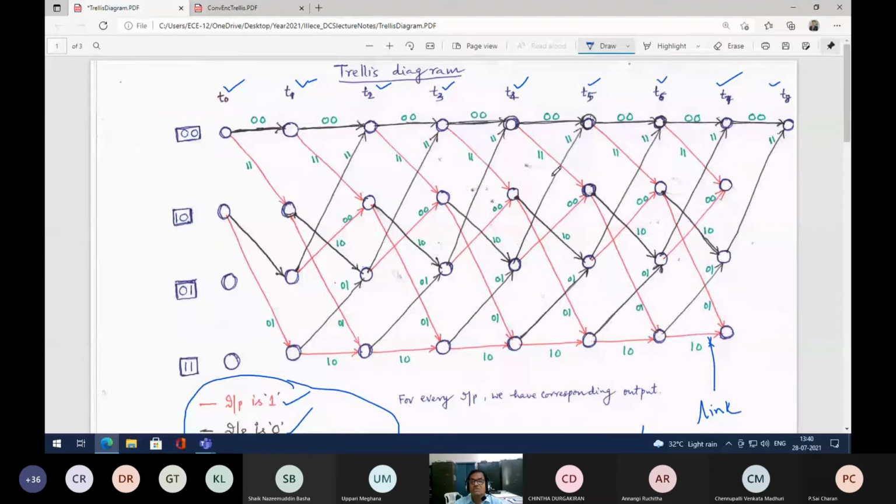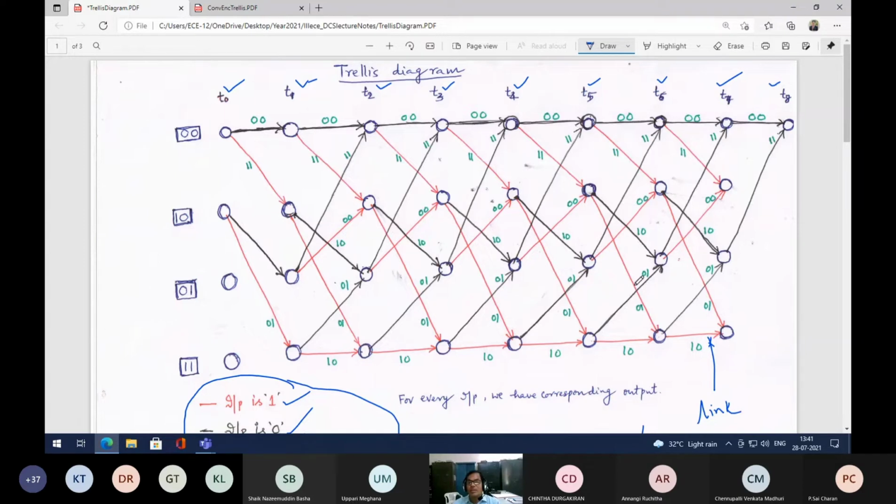For this branch, what is the output when the input is 0 and you are changing the state from 0 1 to 0 0? 1 1, sir. Yes, this is 1 1. And here also there is a downward red line: whenever you change the state from 0 0 to 1 0 by applying input 1, the corresponding output is 1 1. Like that, these are all indicated here.